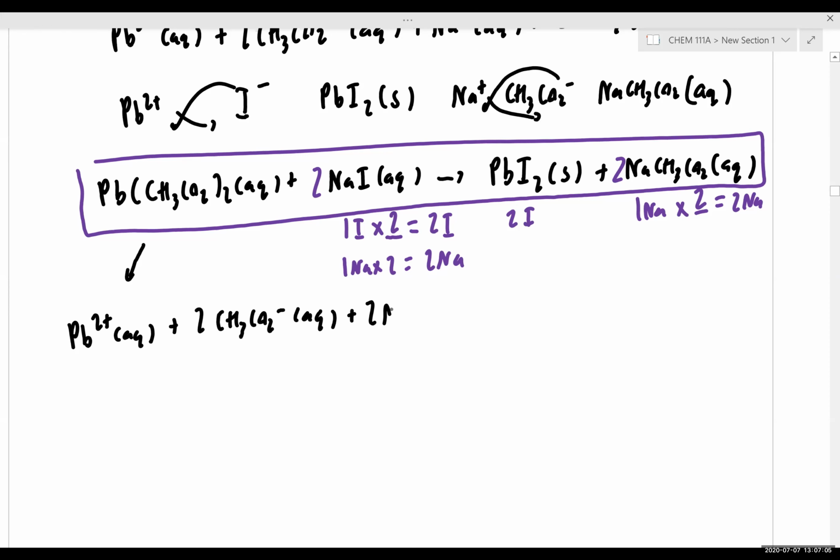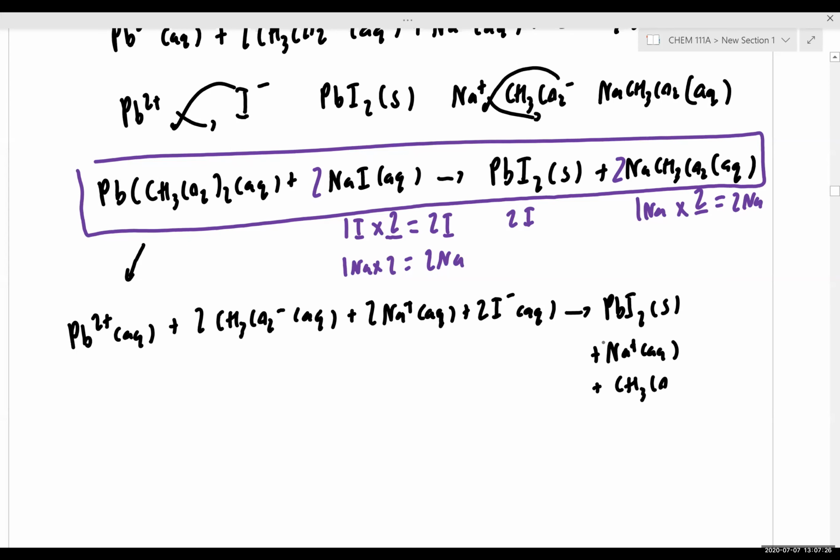Sodium iodide separates into 2 sodium plus and 2 iodide minus. Lead iodide we keep together because it's a solid insoluble precipitate, and sodium acetate we dissociate into sodium plus and acetate, and we have 2 of them because we have a coefficient of 2.